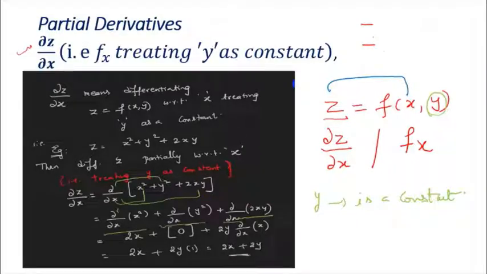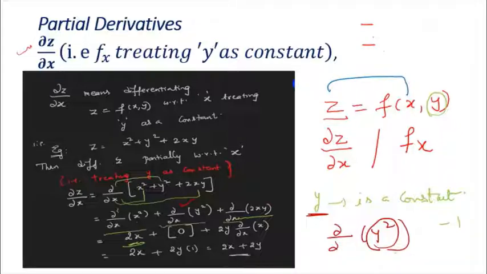So dou by dou x of x square: you are differentiating x square with respect to x. By the x power n formula, it is equal to 2 into x to the power of 2 minus 1, which is equal to 2x. That is done. Then the next term is dou by dou x of y square. Just as we have written here, treat y as a constant. What is the derivative of a constant?